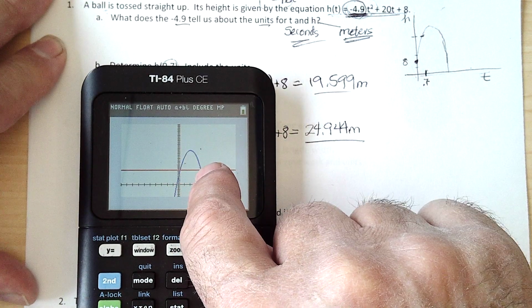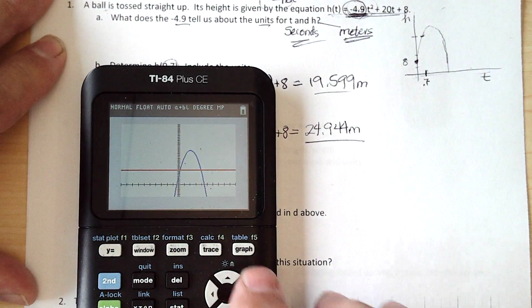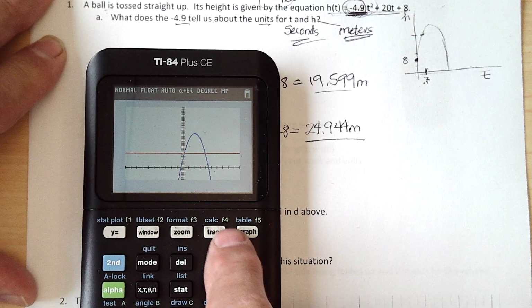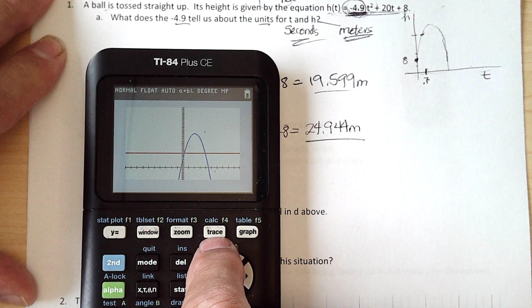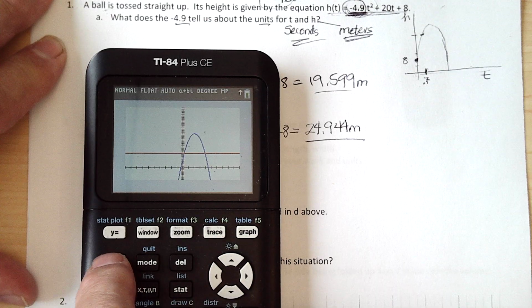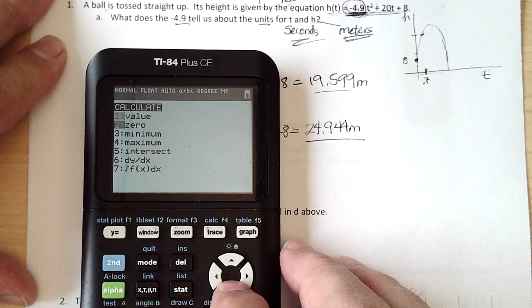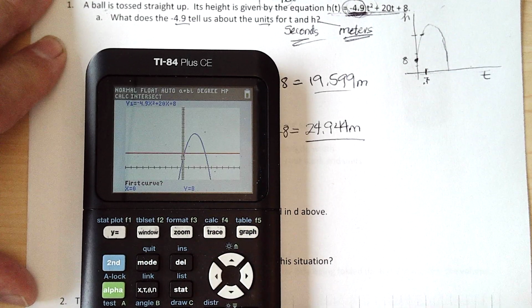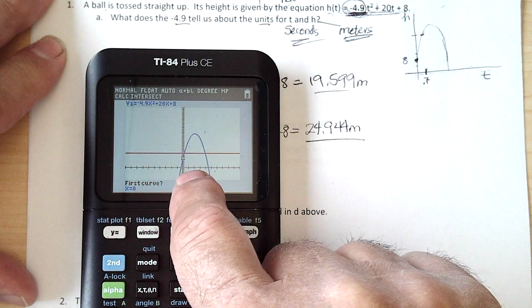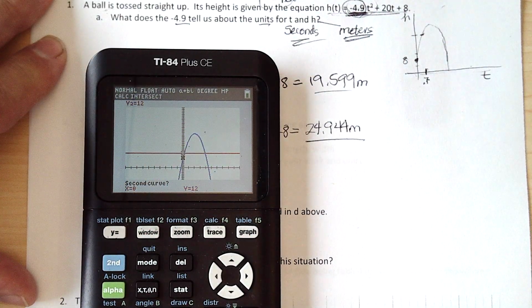And there'll be another time when it's coming back down. Now to find those on the calculator, we use the calculate. It's above trace. So I go second, calculate. And I want the intersection of the blue equation, enter, and the red equation, enter.